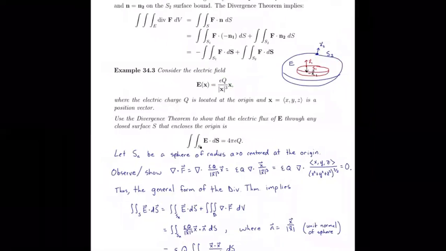And let's see, they ask us to use the divergence theorem to show that the electric flux of E through any closed surface that encloses the origin is given by this quantity right here. So this is a nice broad result. It would be nice to be able to have that. So again, to restate that, the electric flux of E through any surface S that encloses the origin is given by that constant. So that's any closed surface S with the origin inside of it.